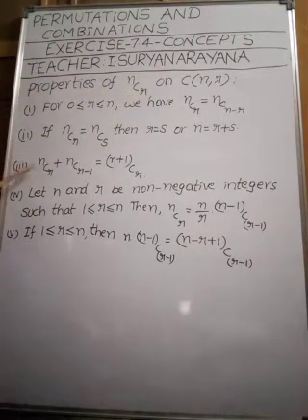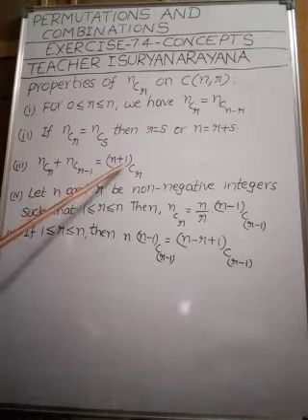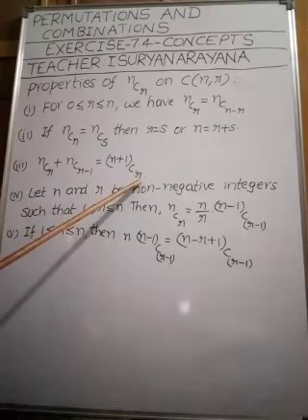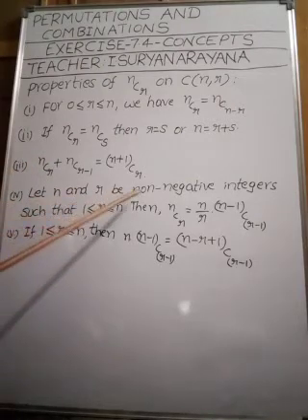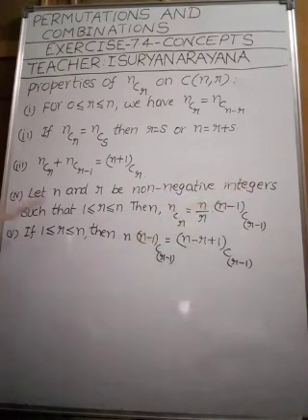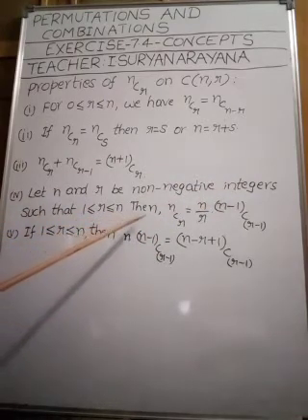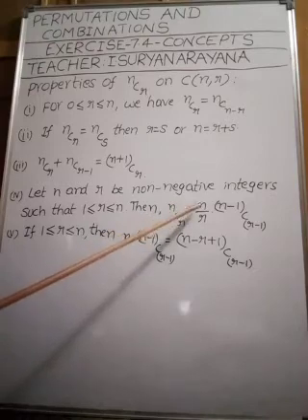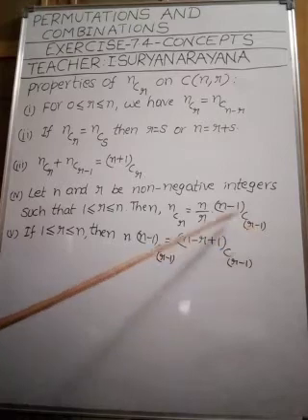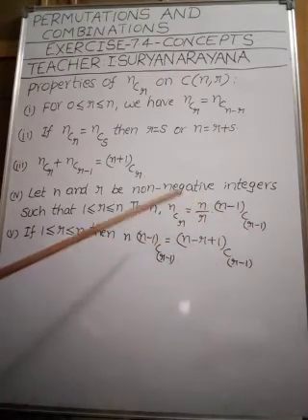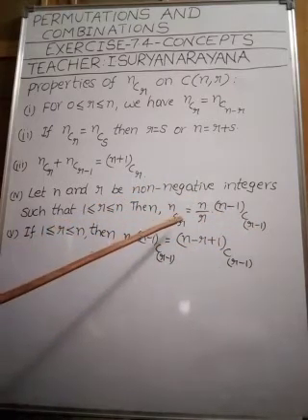Next, third property: nCr plus nC(r − 1) is equal to (n + 1)Cr. Now come to the fourth property. Let n and r be non-negative integers such that 1 less than or equal to r less than or equal to n. Then nCr is equal to n by r, (n − 1)C(r − 1).